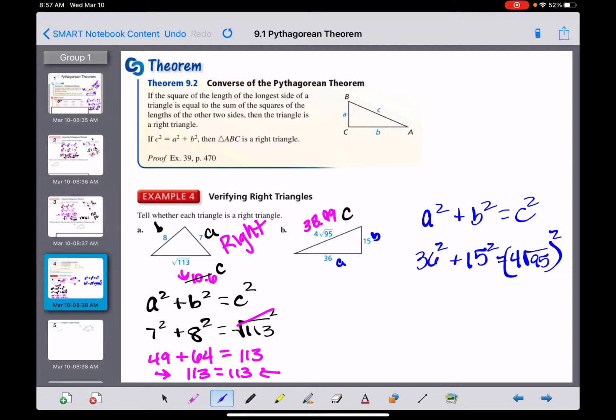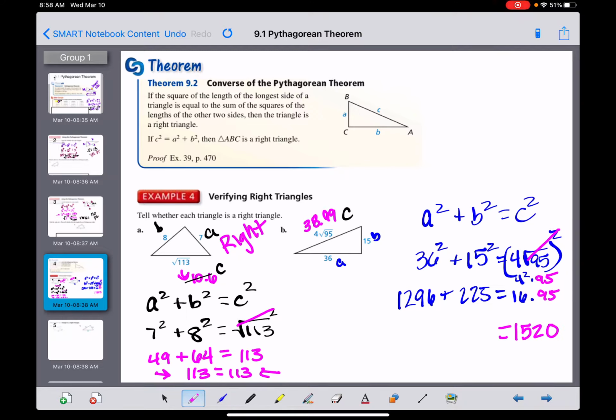So 36 squared is 1,296. 15 squared is 225. Now, I'm going to square both of these separately, so I'm going to do 4 squared, which is 16, times, remember, the square root cancels with the square, so times 95. 16 times 95 is 1,520.